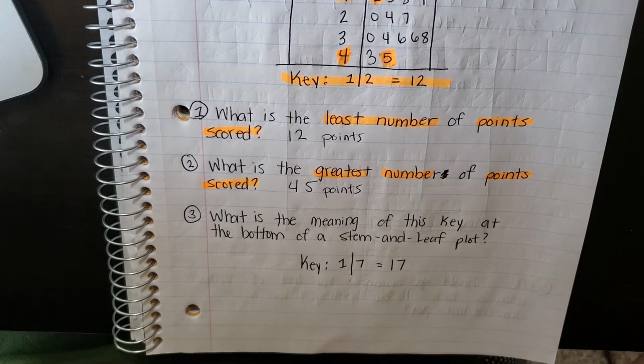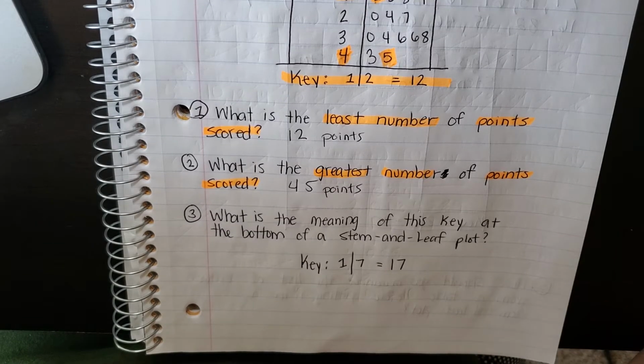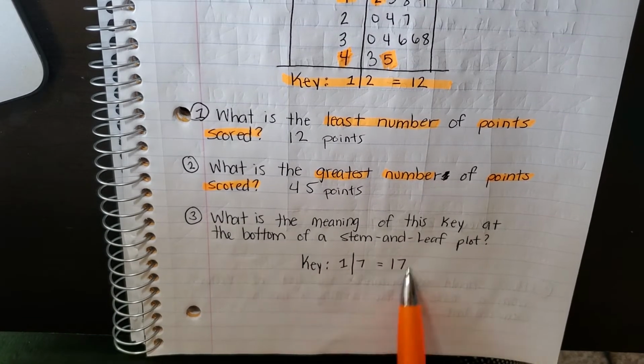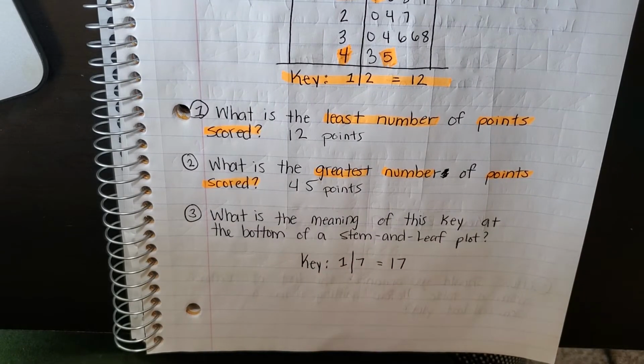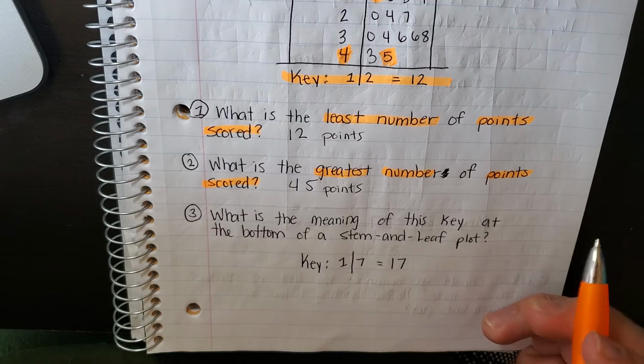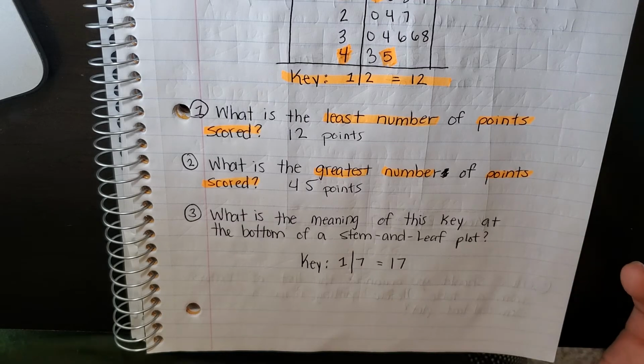Okay, what is the meaning of this key at the bottom of a stem and leaf plot? So why do we need this key? Why is this here? Like, is there any cost for it? Do you guys think it's necessary? Why do we have this key right here? Well, it's necessary because it allows us to read the table.